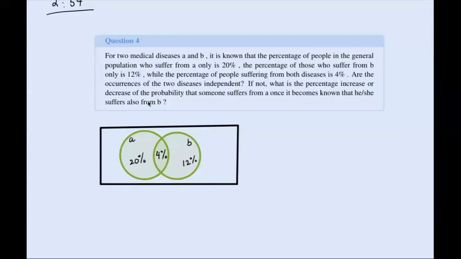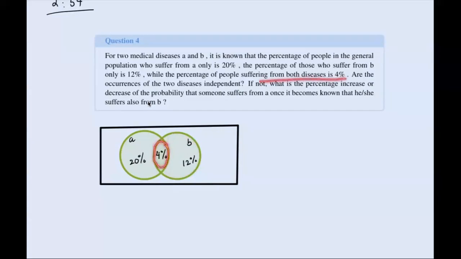Okay, so here we know that the population that suffers from A only is 20%. So I put 20% in this part because it is A only. And then suffering from B only is 12%. So I put it in here, which is B only. And suffering from both is 4%.